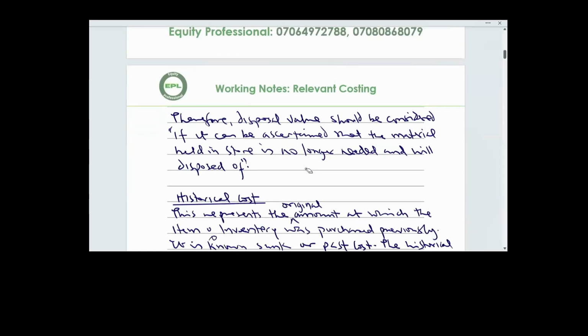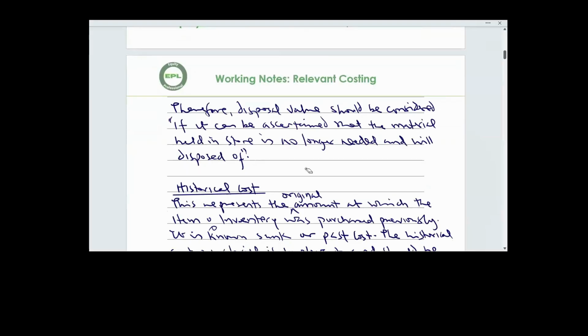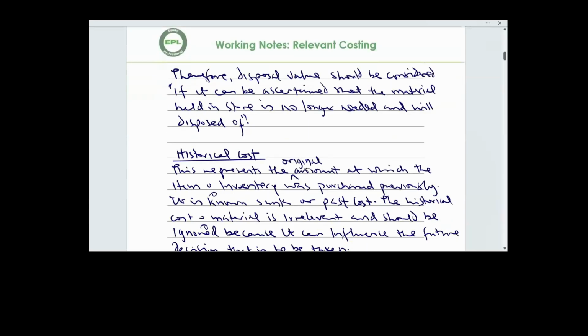Then the last one is historical cost. I said that historical cost is also known as a sunk cost. They are costs that have been incurred, or the original amounts at which the item of inventory was purchased in the past. Anywhere you see historical costs, past costs or sunk costs in a question, they are irrelevant.